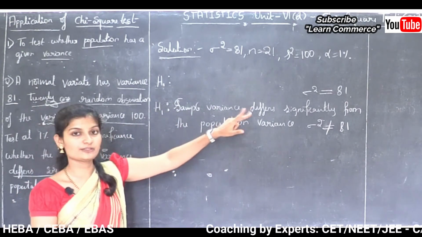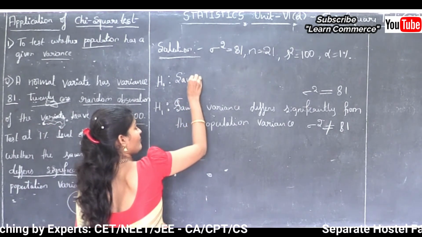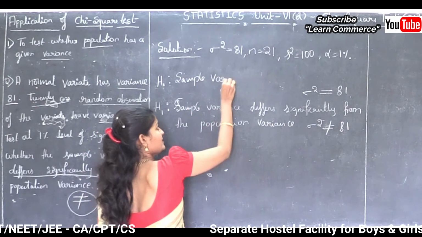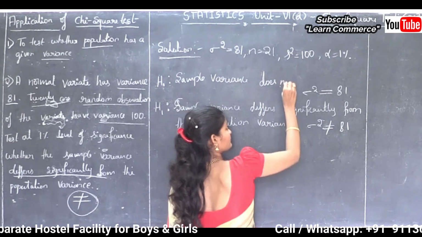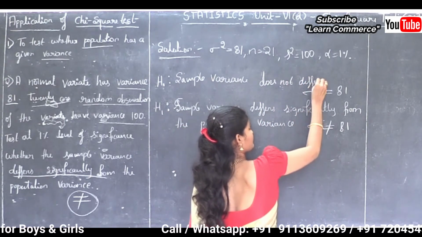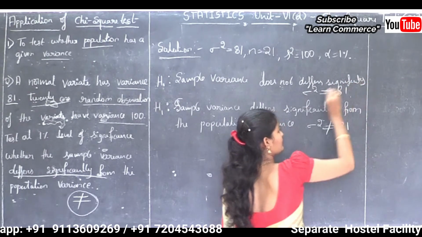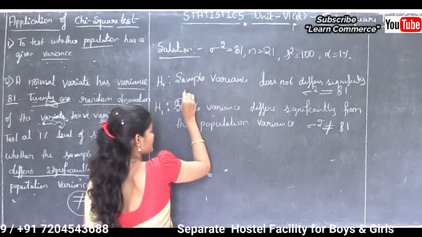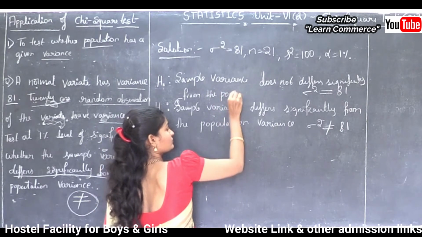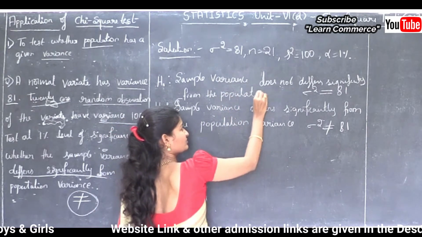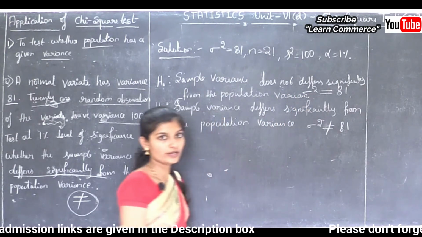Therefore, H naught is: the sample variance does not differ significantly from the population variance, that is, sigma square is equal to 81.